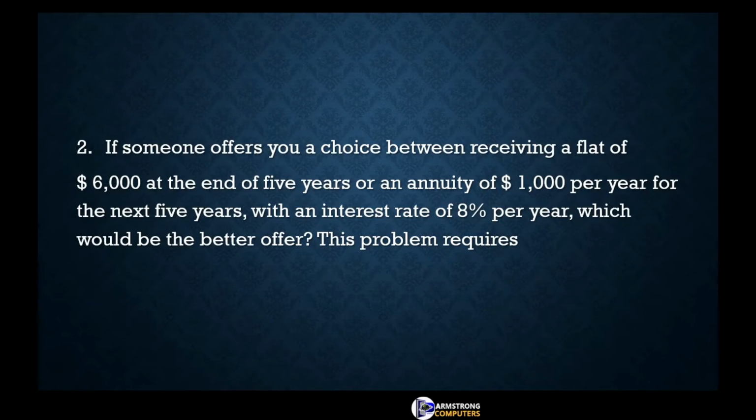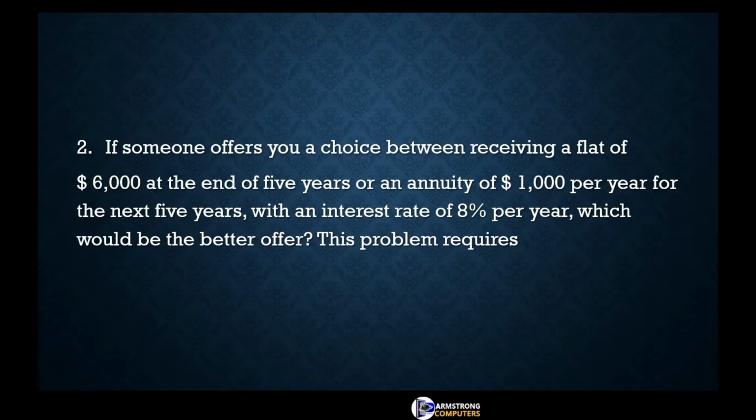Now when you watch this, we've been given a choice. Let me explain the whole question for you to understand. They're giving you 6,000 US dollars at the end of 5 years, or another choice, an annuity of 1,000 per year for the next 5 years, which means that with the 6,000 at the end of 5 years, you are bringing the 6,000 flat.